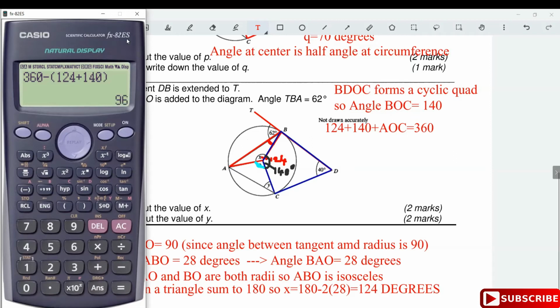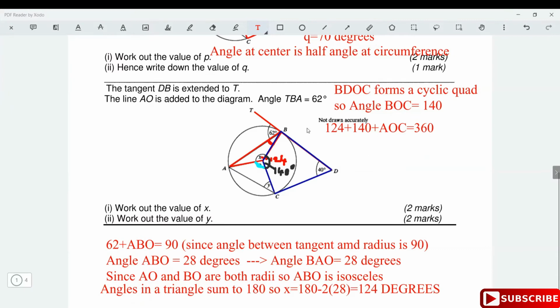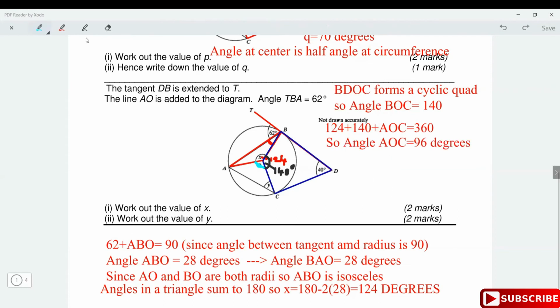So the angle at O is 96 degrees. So we can tell them angle AOC equals 96 degrees. Let's put that on the diagram. I'm going to put it in red. This angle right here is 96 degrees.